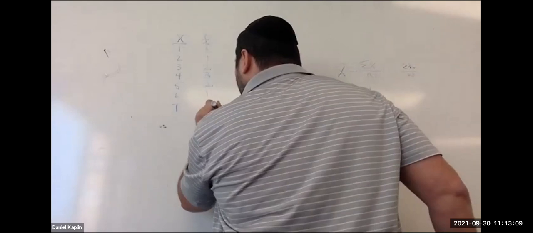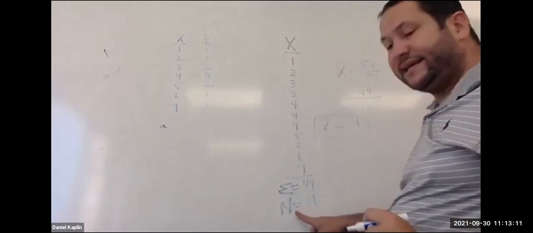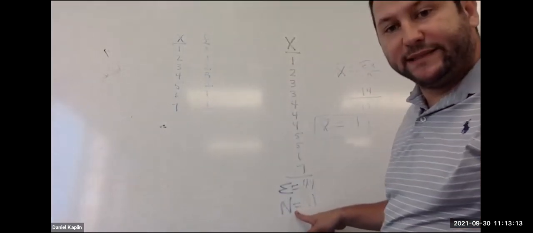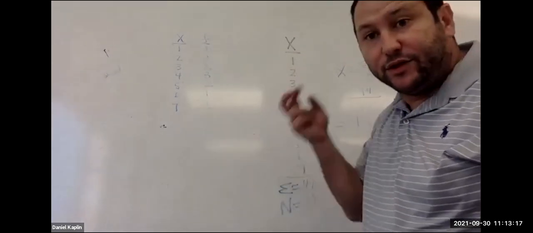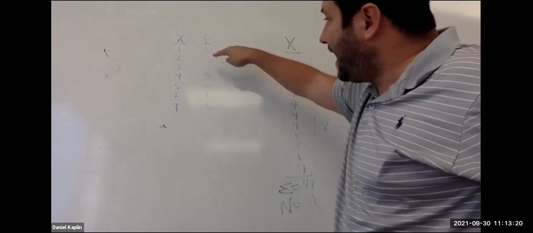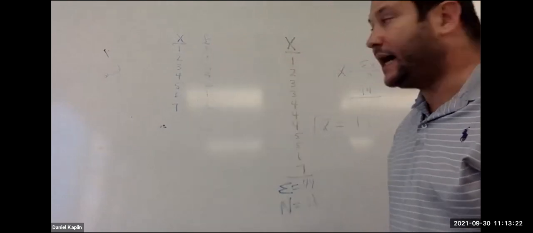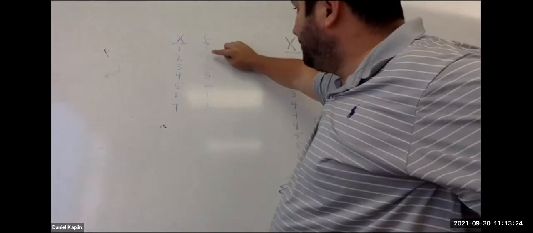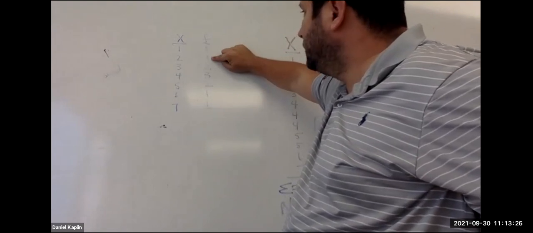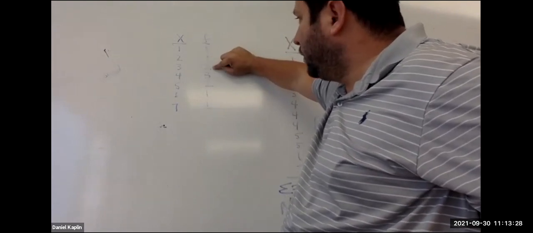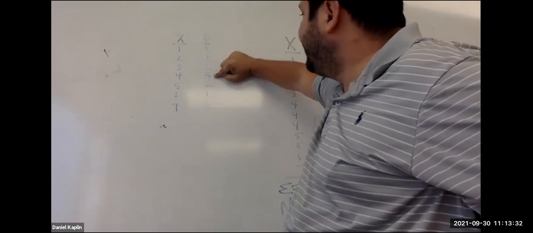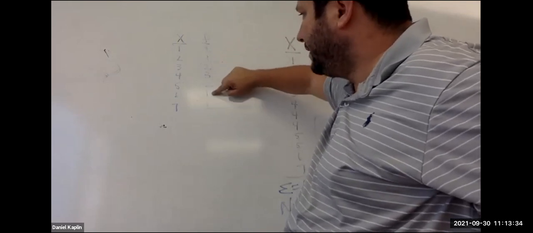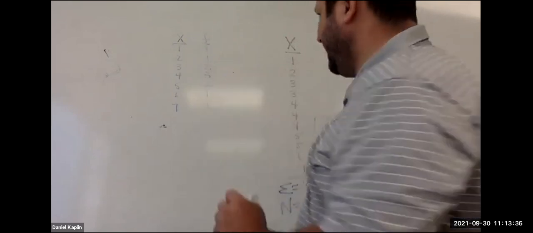Once. Now, remember how I said the total number of participants is 11? The sum of the frequencies is your total number of participants. So when I add this column up, I should get 11. So 1 plus 1 is 2, plus 2 is 4, plus 3 is 7, plus 2 is 9, plus 1 is 10, plus 1 is 11.